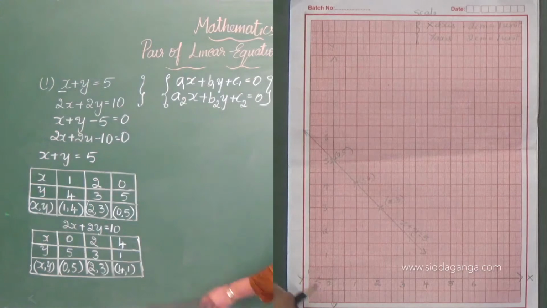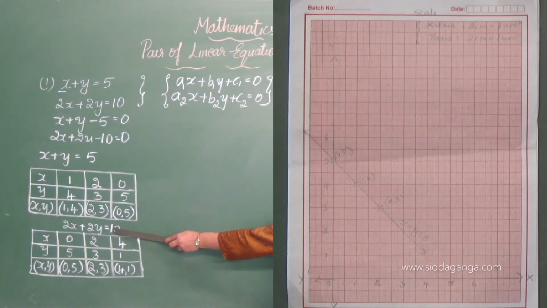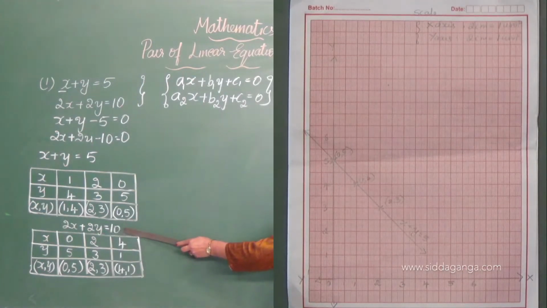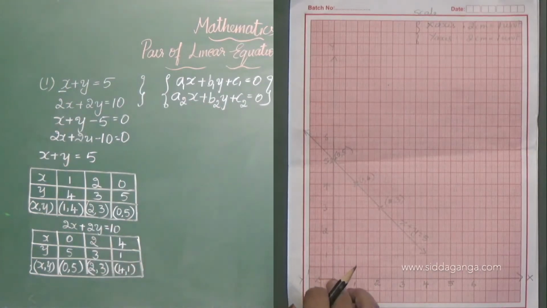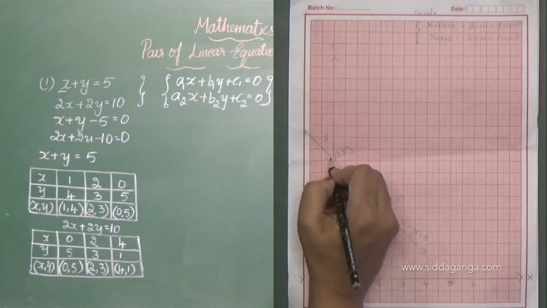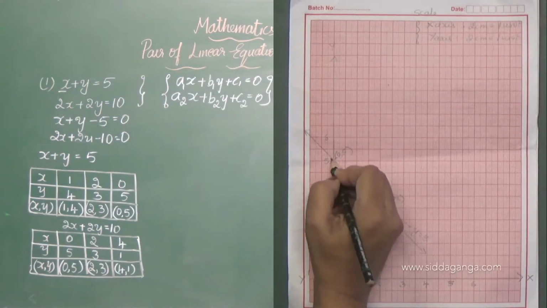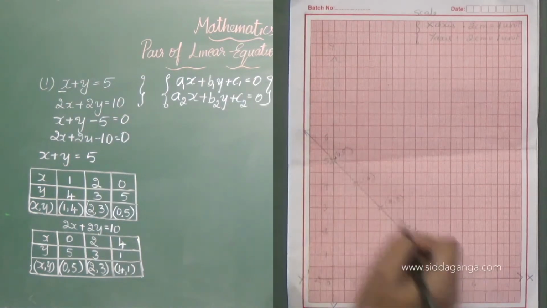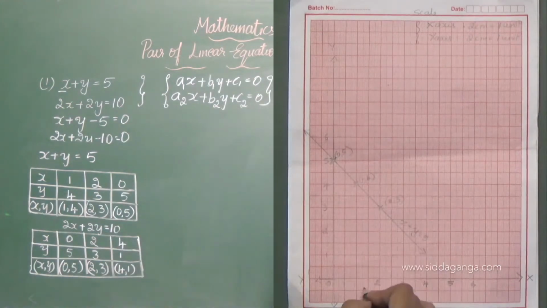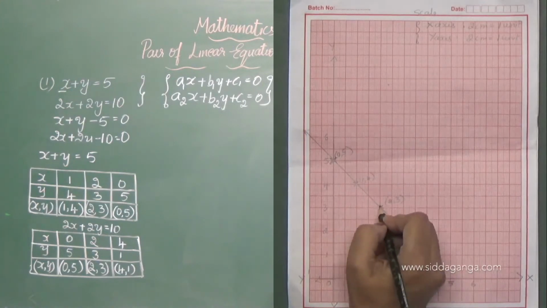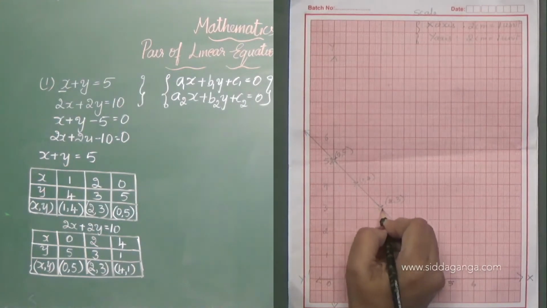Now let us represent the second equation, 2x plus 2y is equal to 10. The coordinates are 0, 5, and again 0, 5 is on the same line. Next 2, 3, again the same.